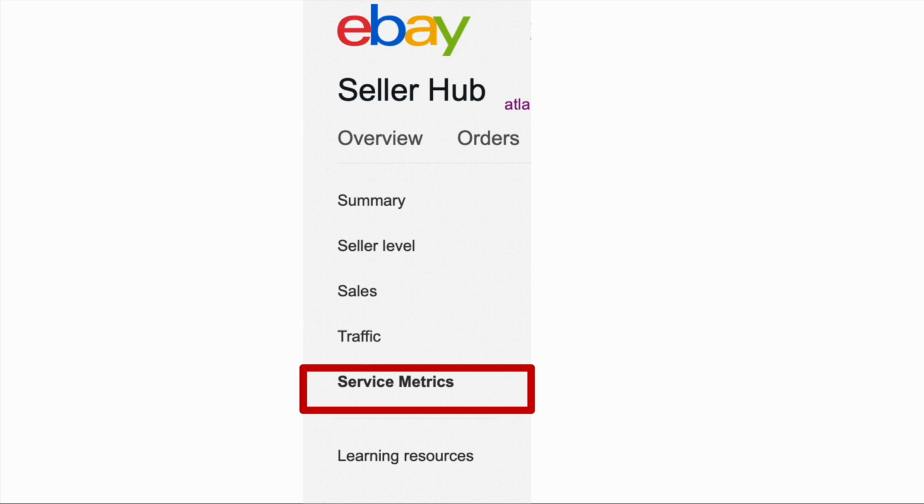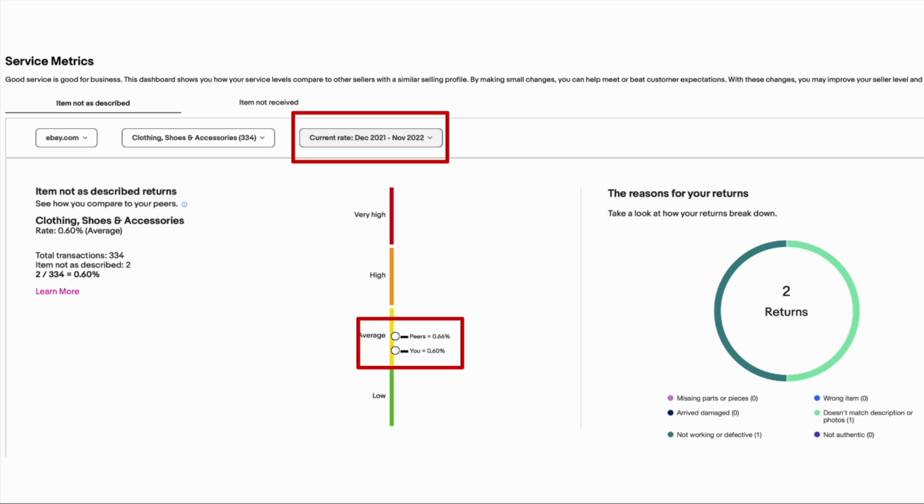The next thing I look at on eBay is my service metrics. I actually look at these probably twice a month. I just like to be on top of where I am. So you can find your service metrics under the Seller Hub overview on the left-hand side of the page. And once you click that, you will get to a page like this.